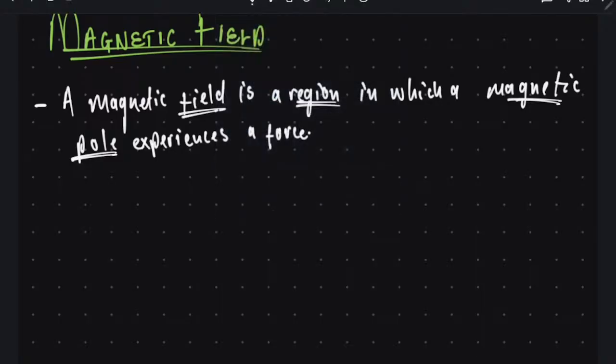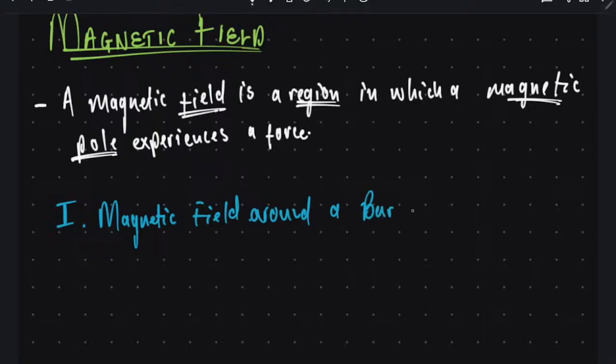Now let's do the fields you need to know. Number 1, magnetic field. They ask these types of questions around a bar magnet. What is the region where a bar magnet will work? What is the region that makes another magnet experience a force?